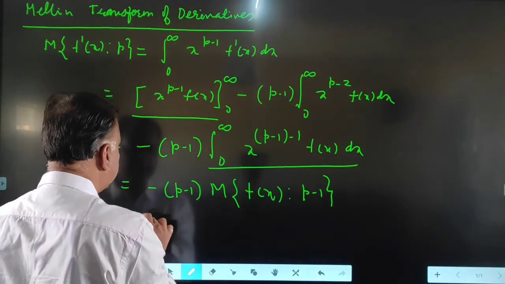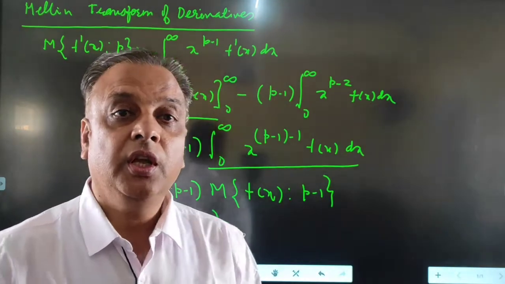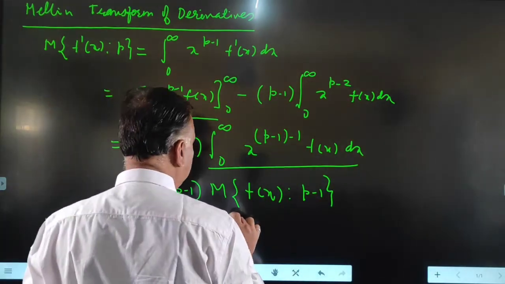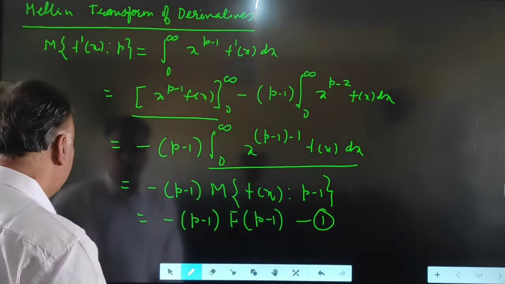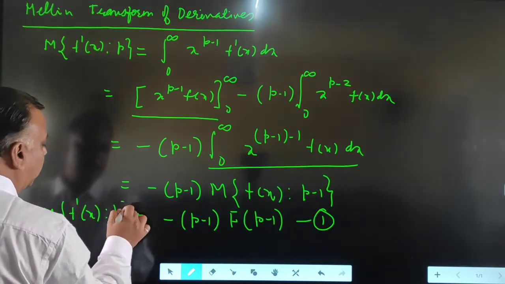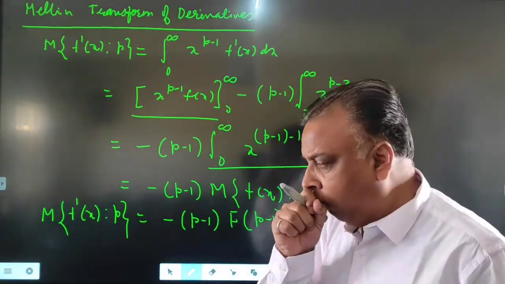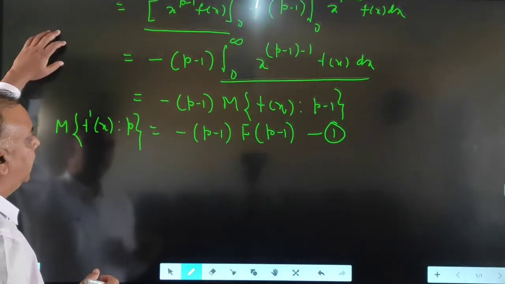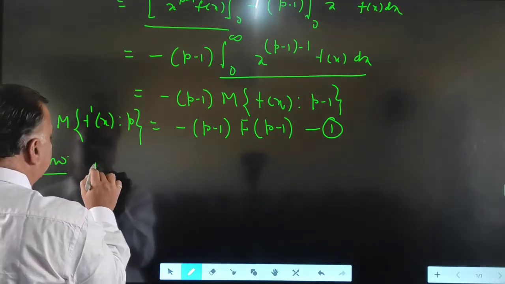Since the Mellin transform of f(x) is F(p) when the parameter is p, here the parameter is p minus 1, so this can be written as F(p minus 1), equation 1. So the Mellin transform of the function f dash x with respect to parameter p is equal to minus (p minus 1) F(p minus 1).